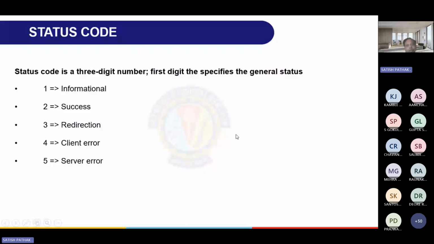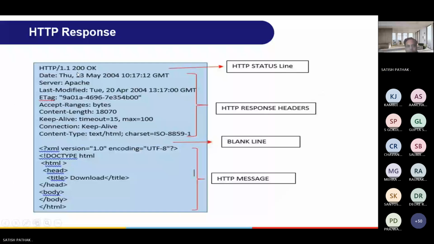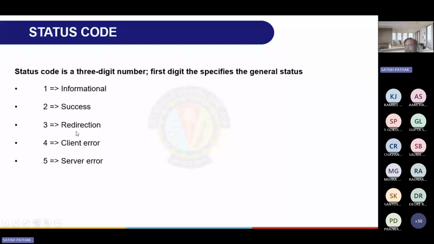The first digit specifies the general status. 1 means informational, 2 means success, like this one. 3 means redirection, where you are redirected to some other resource or portal. 4 means a client error, and 5 means a server error. A client error means, like when I started by typing the wrong file name or the wrong domain name, it says no, it's a client error actually.